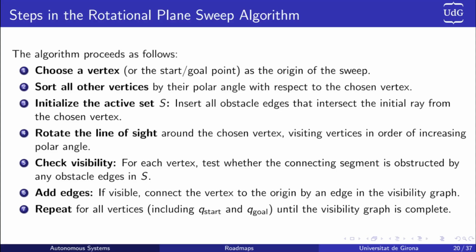I've not explained that, but in the other algorithm, the complexity n cubed is because for all the vertices you need to move through all the vertices, this is the first n, and then you need to check all the other vertices, the second n, and then for checking that, you need to follow the whole line and check that everything is fine, meaning that you are not intersecting any of the edges. That is the third n.